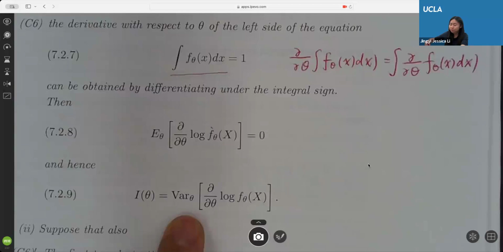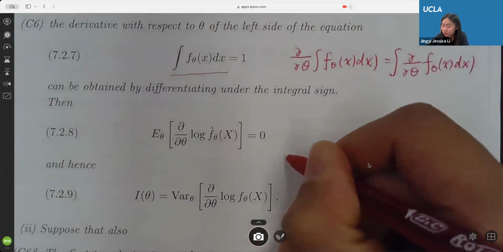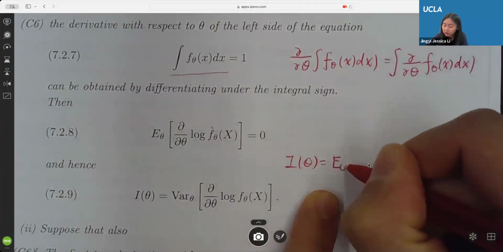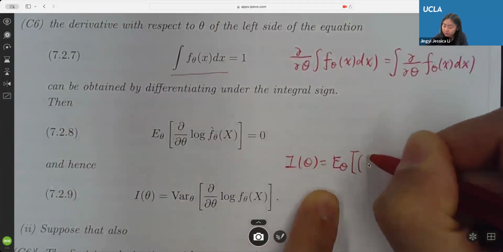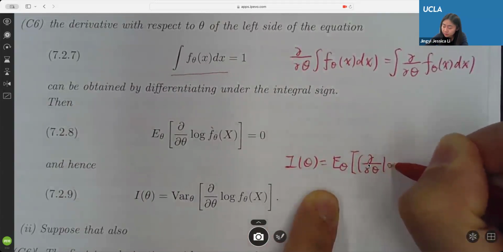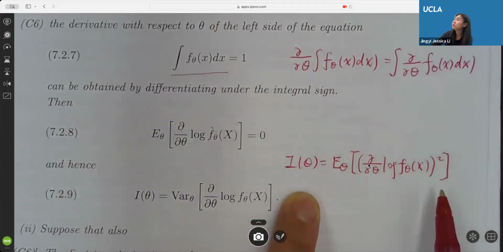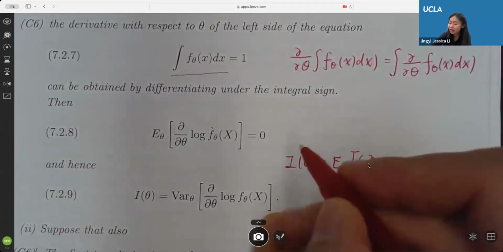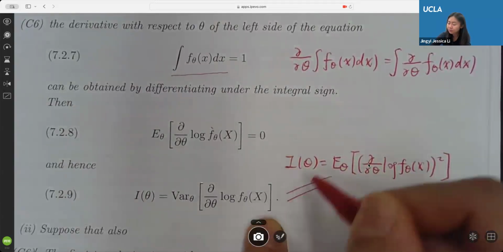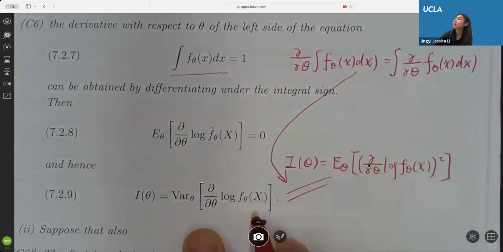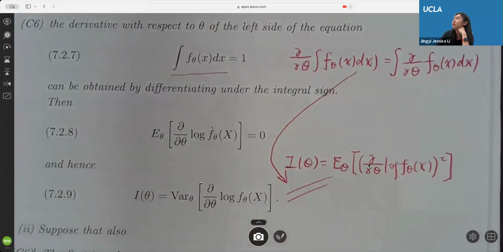Okay, and previously, you see, the definition was this, expectation under theta. This is the original definition. And we're now saying that if this condition holds, then this is equal to this. So we can have the variance representation of the Fisher information.